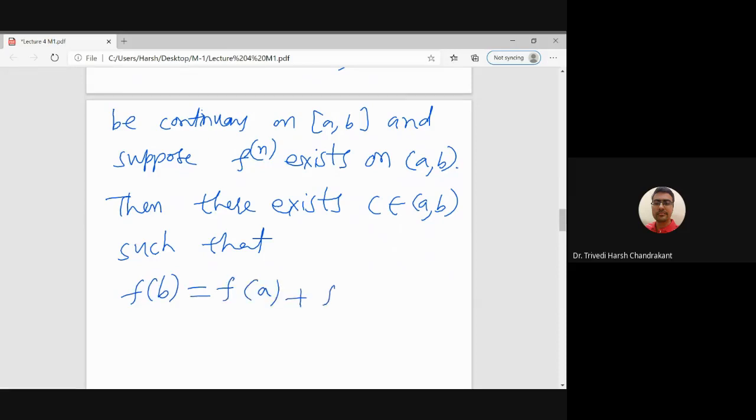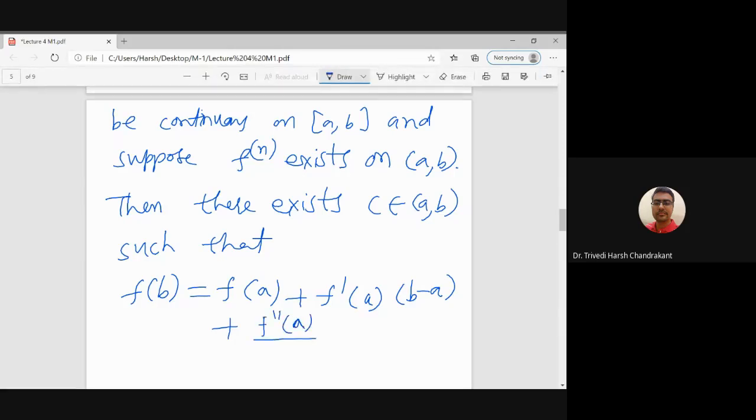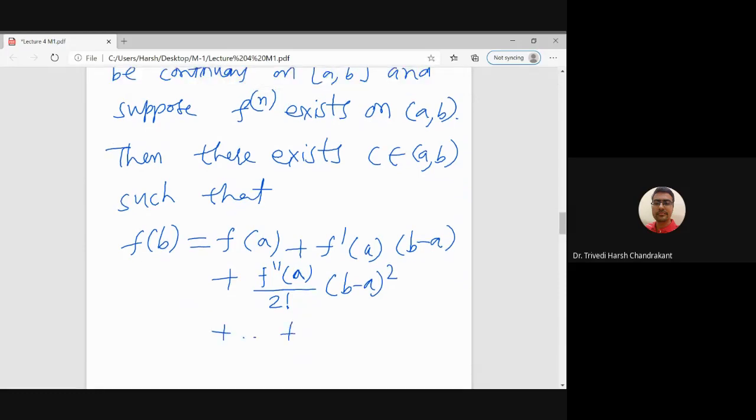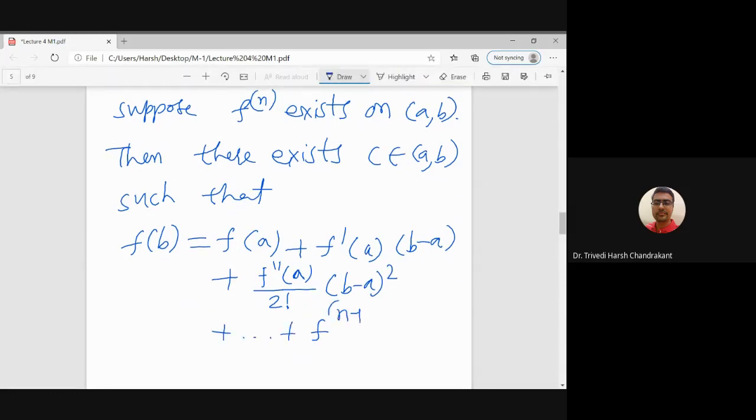That is f(b) equal to f(a) plus f dash a into b minus a plus f double dash a, and now we are getting the factorial terms, so here 2 factorial will come, and later on we get the n minus 1th derivative over n minus 1 factorial into b minus a power n minus 1.